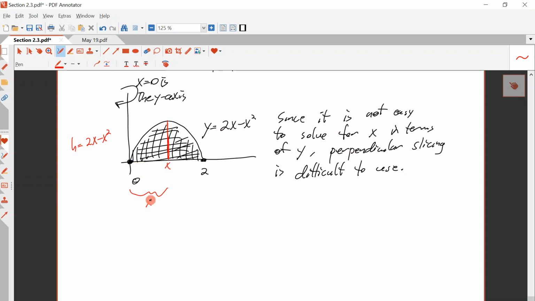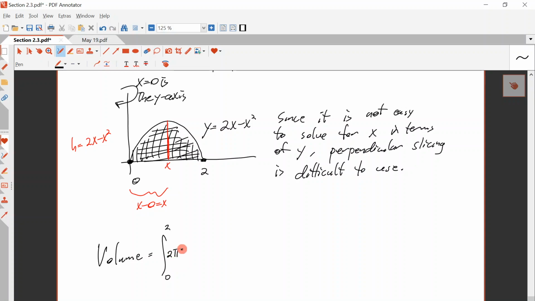This time it's x minus 0. But if there was a 3 over here, it would be 3 minus x rather than x minus 3, to make sure it stays a positive quantity. So anyway, the volume here is the integral from 0 to 2.